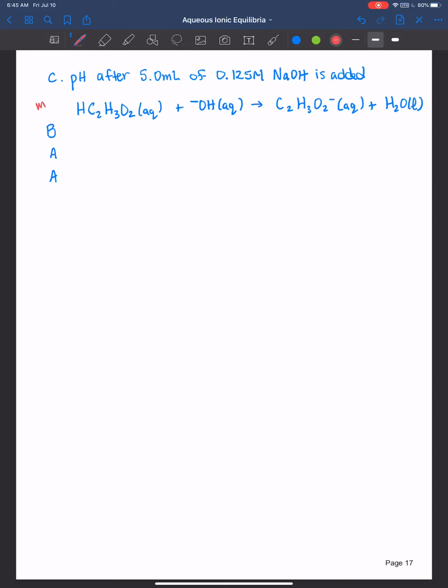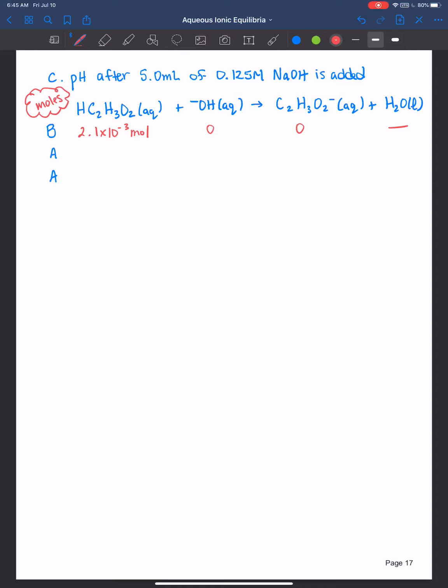Always remember to work in moles, because this is a stoichiometry table essentially. And so we started with 2.1 times 10 to the negative third moles of acetic acid in our beaker. So always go back to the beginning. Before addition, what was in your beaker? And then 0 amount of the hydroxide and conjugate base.